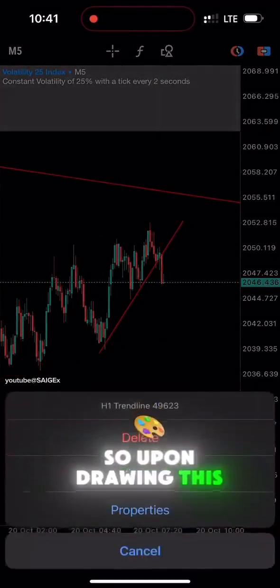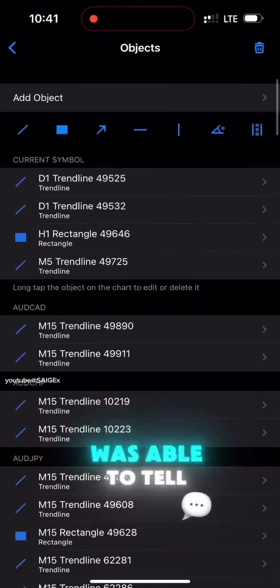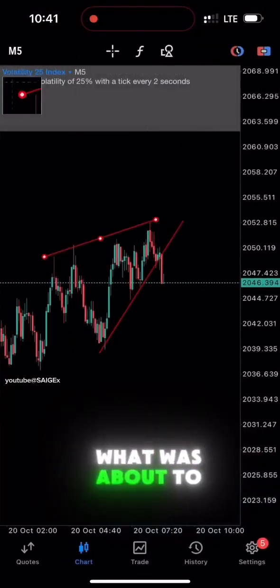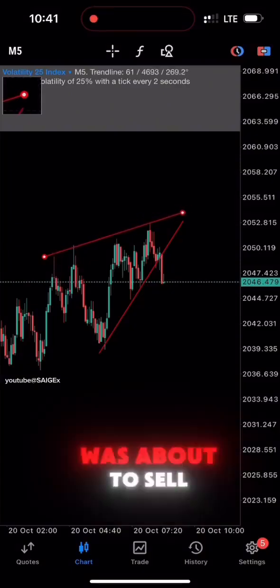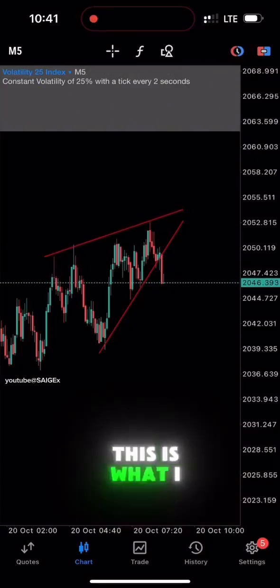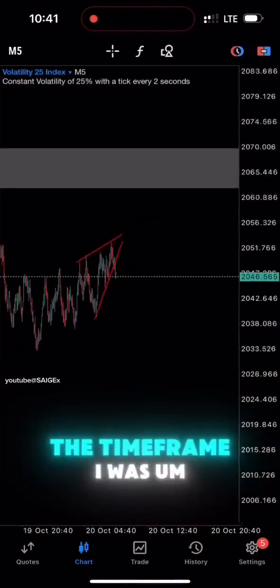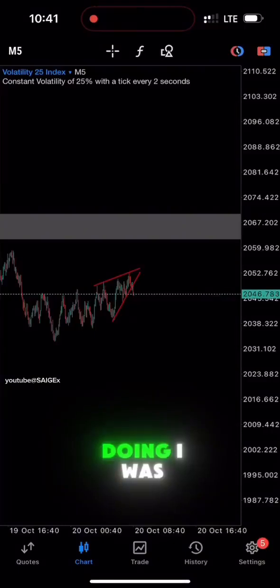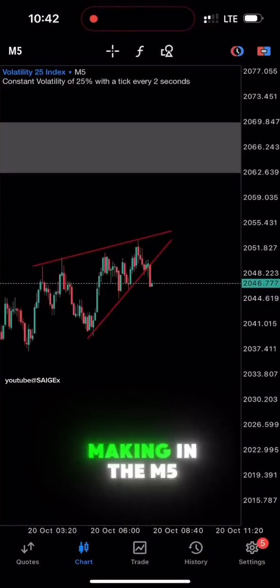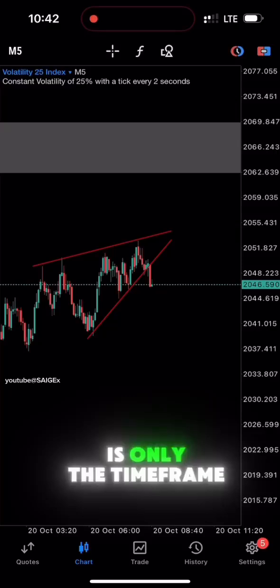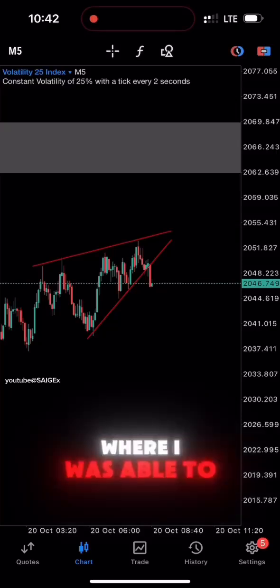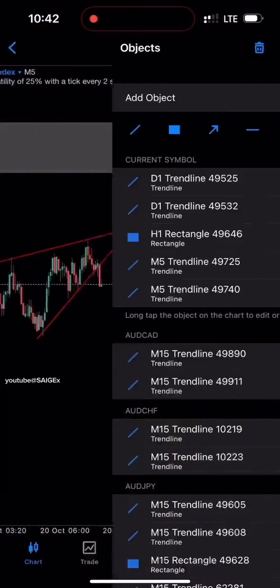So upon drawing this is how I was able to tell what was about to go next. That is, it was about to sell. Of all the time frames I was using, the M5 is the only time frame where I was able to determine the trade.